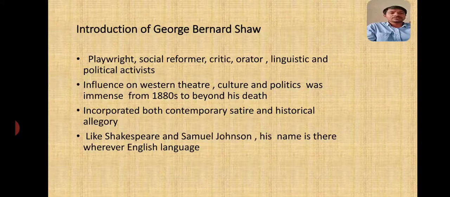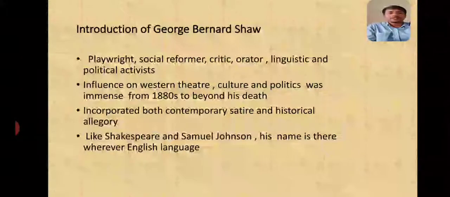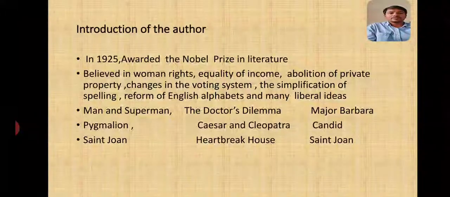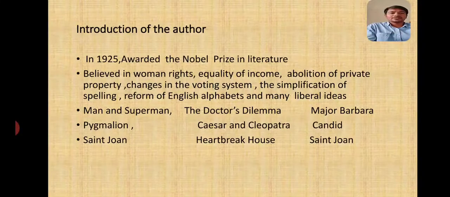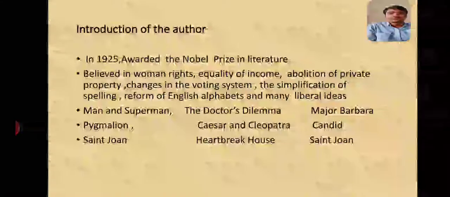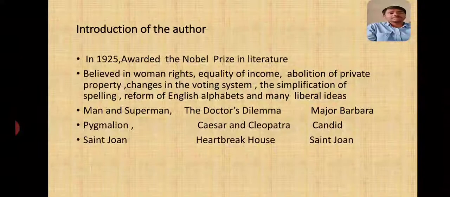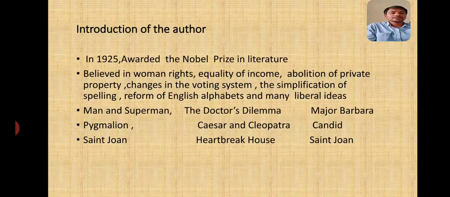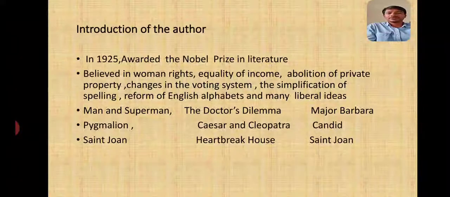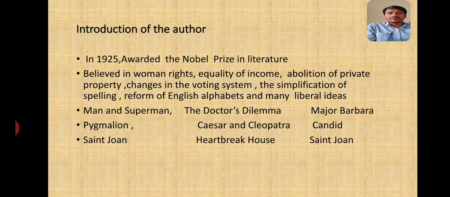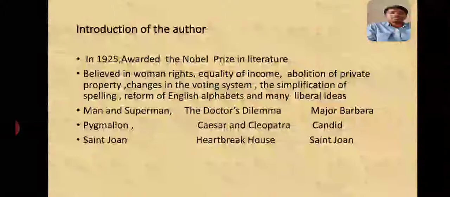Like William Shakespeare and Samuel Johnson, his name is there wherever the English language is there. Bernard Shaw was awarded the Nobel Prize in Literature in 1925. He believed in human rights, equality of income, abolition of private property, changes in the voting system, the simplification of spelling, reform of the English alphabet, and many liberal ideas.